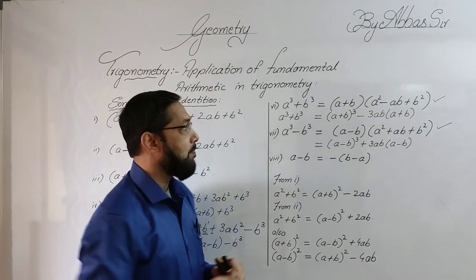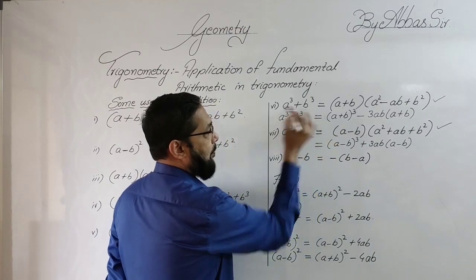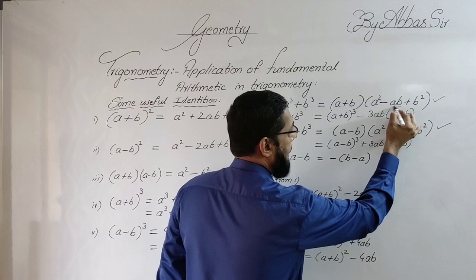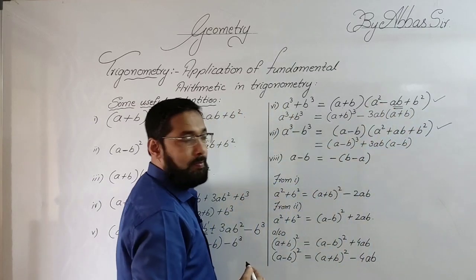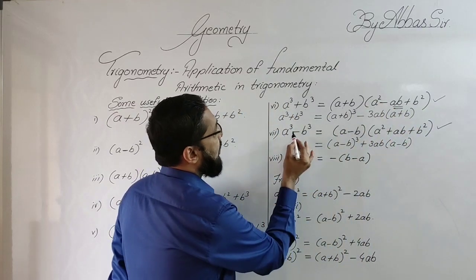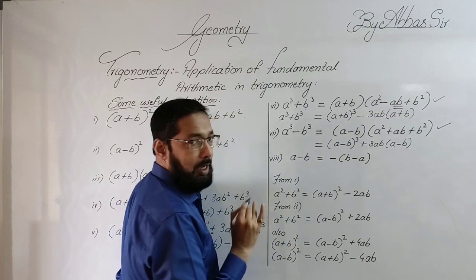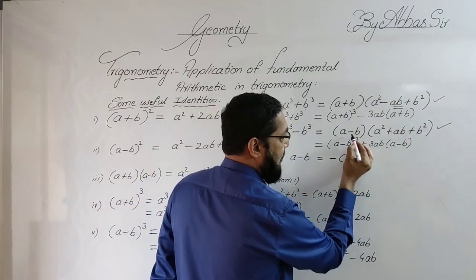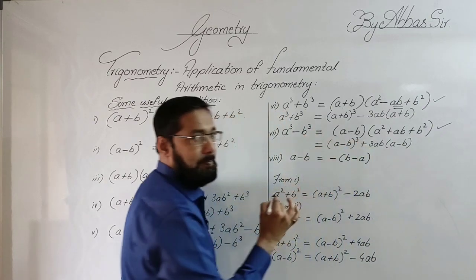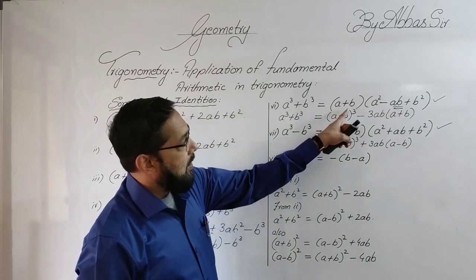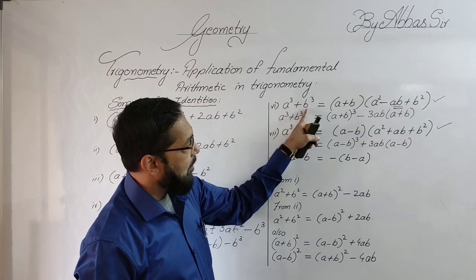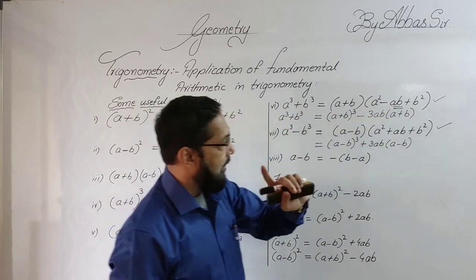Now see the difference. When plus appears over here, you can see that all the terms are plus except for ab. ab is negative. Whereas when we are dealing with negative sign, a cube minus b cube, that time all the terms are positive except for this b in the first bracket. So the sign of b in the first bracket is positive when a cube plus b cube is considered and ab is negative.